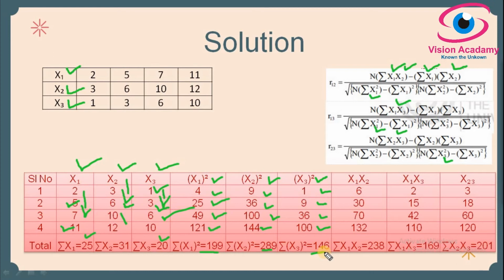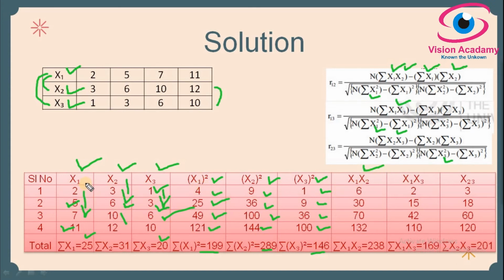Now, since we have to use x1 x2, x1 x3 and x2 x3, we need summation x1 x2, summation x1 x3, summation x2 x3. So firstly let us obtain summation x1 x2. For that we need to multiply x1 into x2.